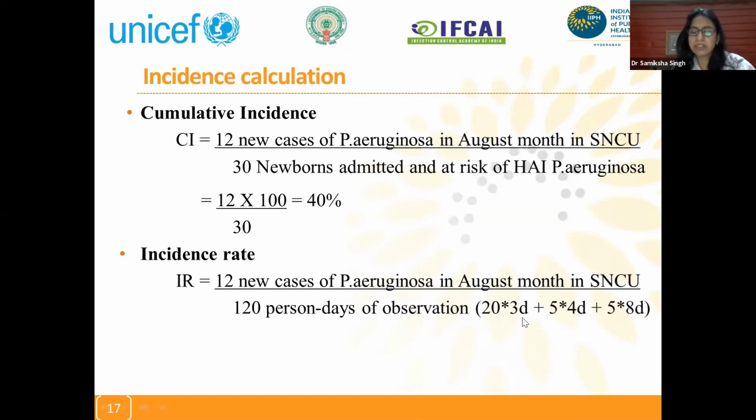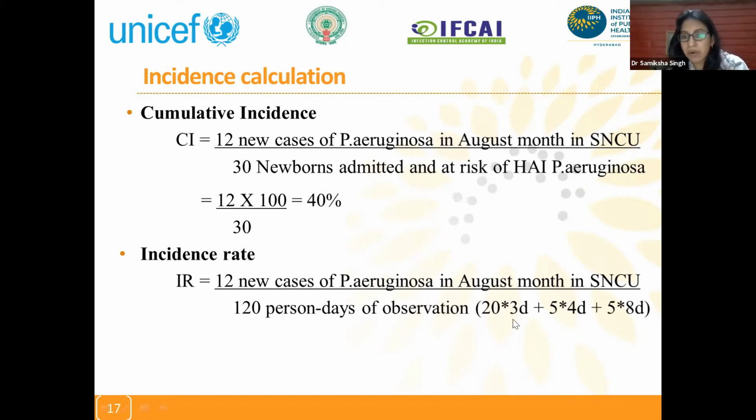Somebody would have been admitted on 2nd of that August and discharged on 5th of August. Another one would have been admitted on 12th of August, then discharged on 15th of August, like that. So there were 20 children who just stayed for 3 days. There were 5 newborns who stayed just for 4 days. There were 5 newborns who lived at least for 8 days in that SNCU.